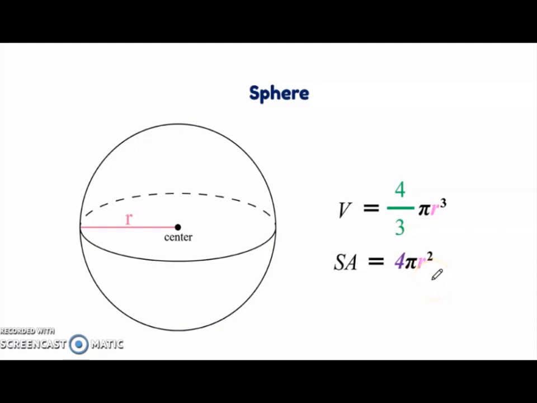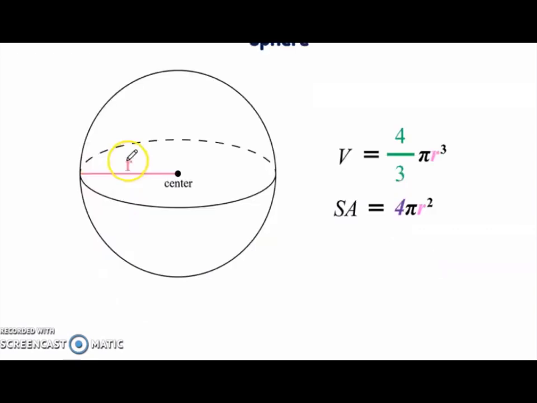Now for sphere, total surface area and curved surface area is one and the same thing because sphere does not have any flat surfaces. Now hemisphere is only this much portion, half of it.